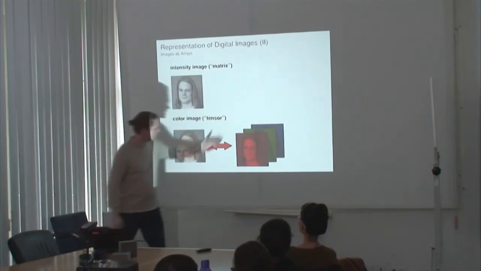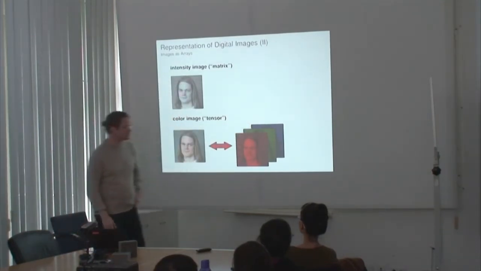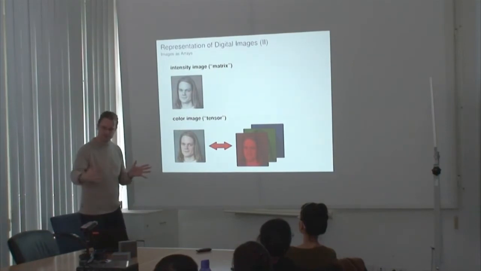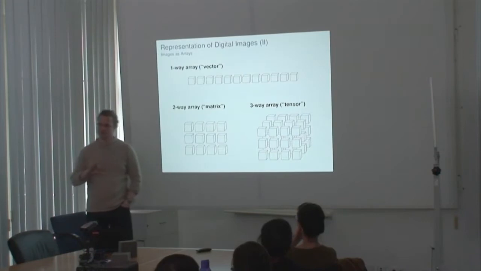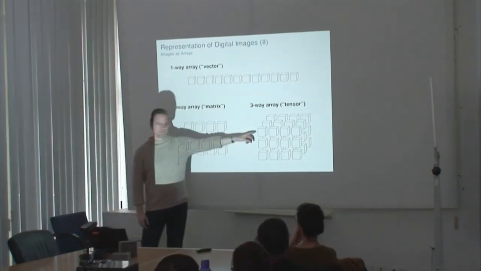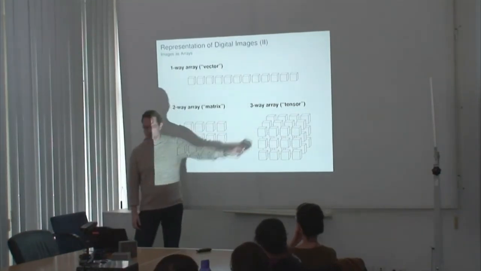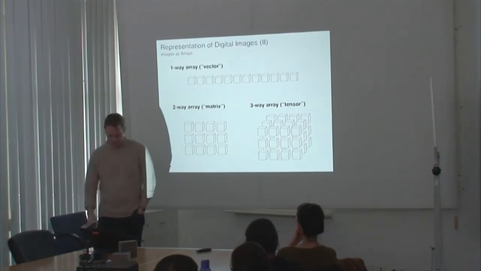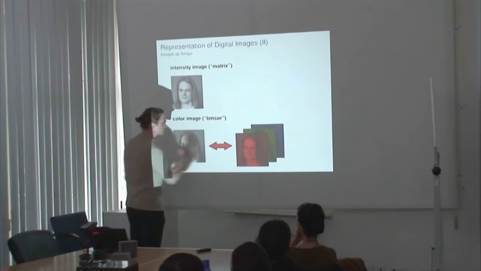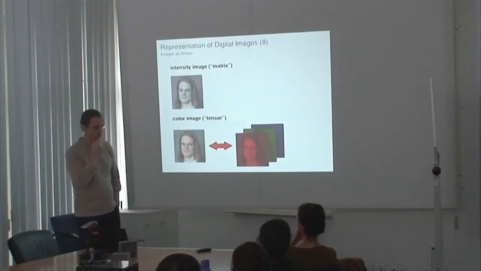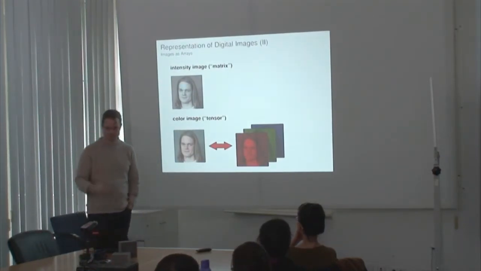And now you see that three such layers of images, or a stack of three such images, is basically, from an abstract point of view, this. Right? And so therefore, one way of talking about color images is to talk about tensors.